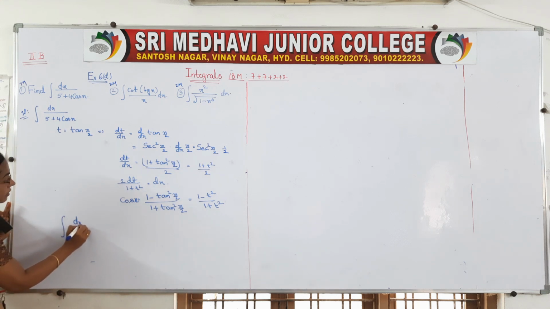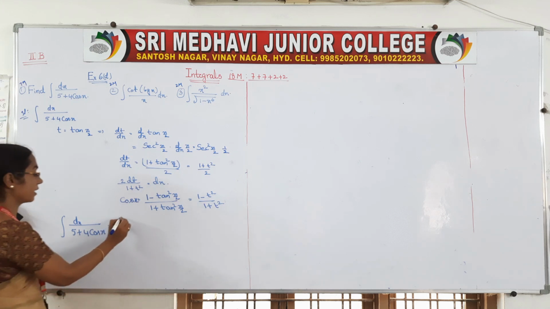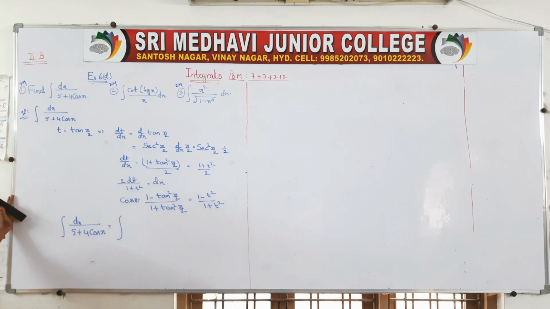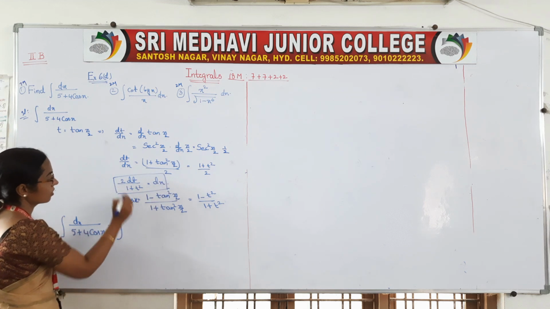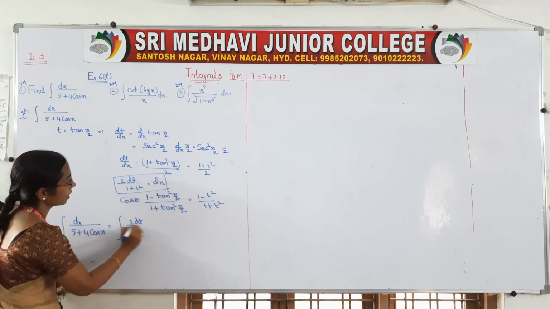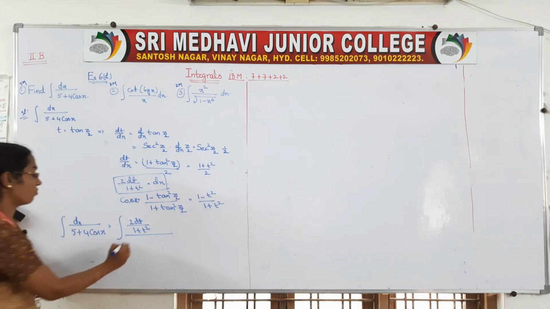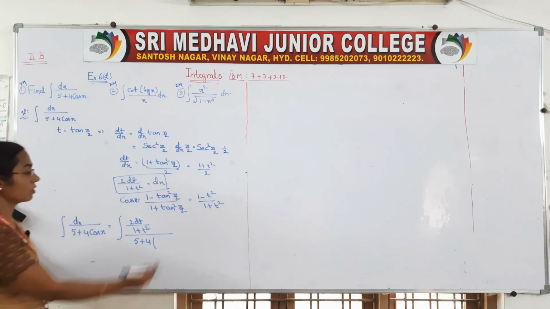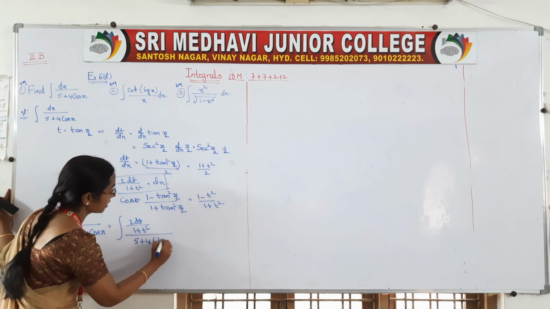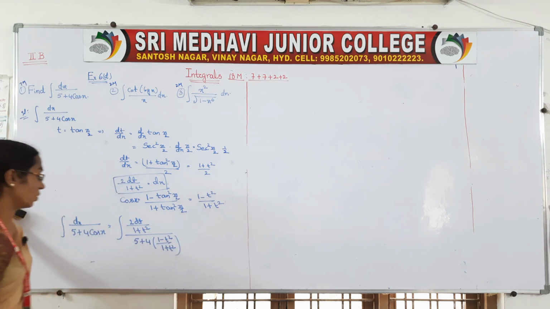Integral dx by 5 plus 4 cos x is equal to integral of dx, which we got as 2 dt by 1 plus t square, by 5 plus 4 into cos x, which is 1 minus t square by 1 plus t square.